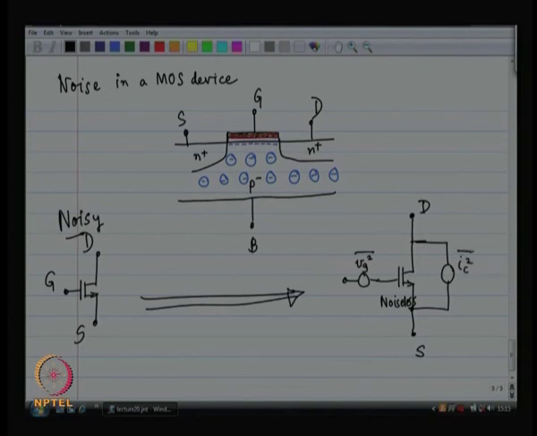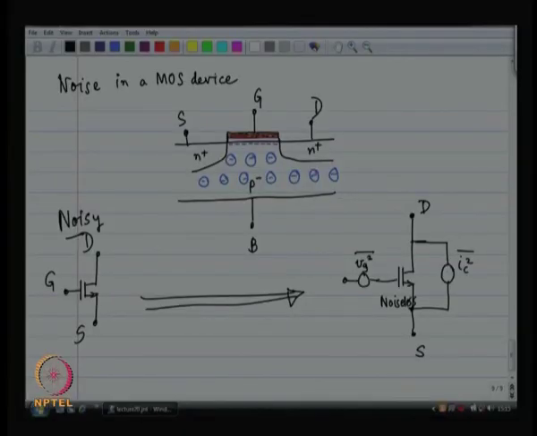So, I have written it as IC squared, C stands for channel. There is a mean squared noise current across the channel. All right, so far so good.